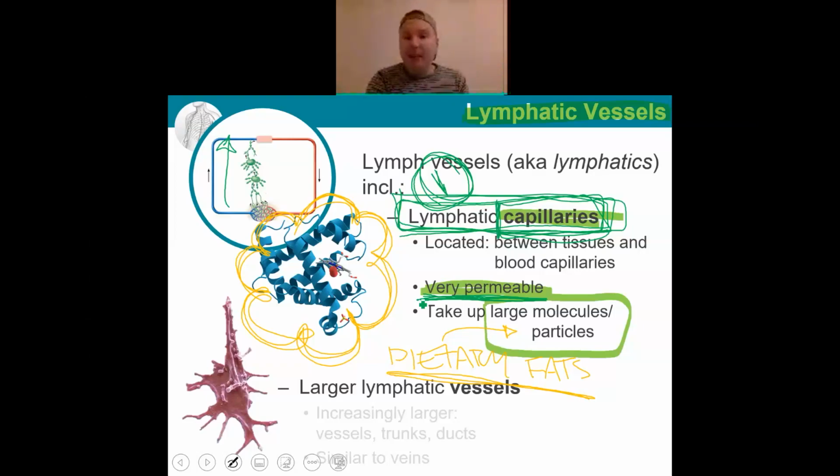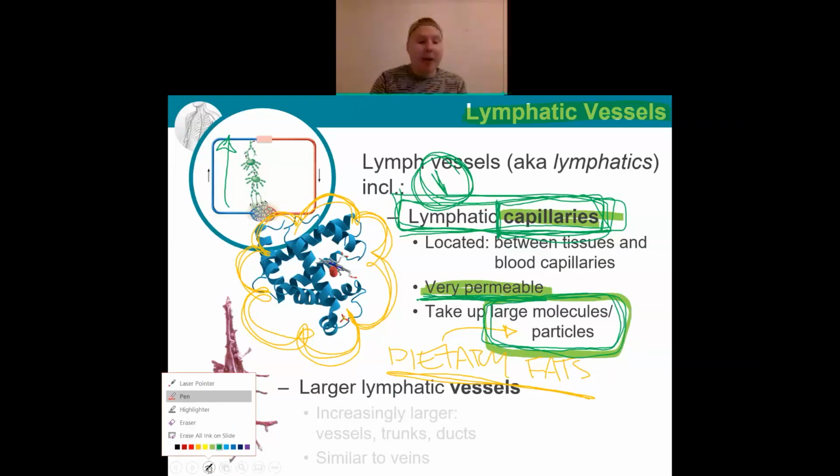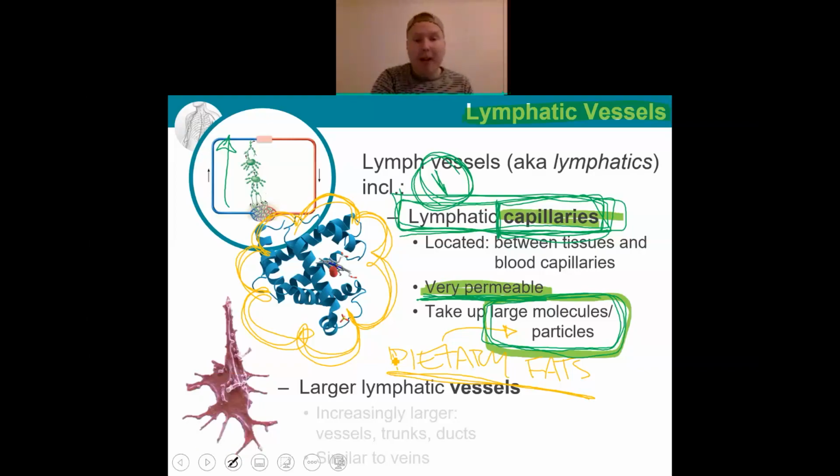One of the things that we noticed it was very good at picking up was very large molecules or particles, things that are much bigger than what the cardiovascular system could pick up. One example of these was, of course, our dietary fats.